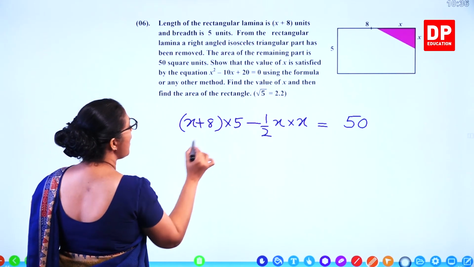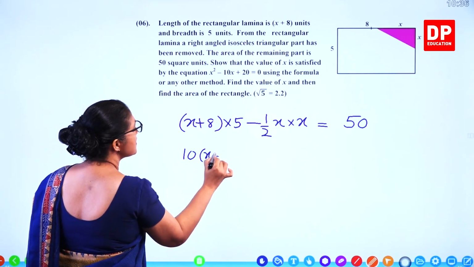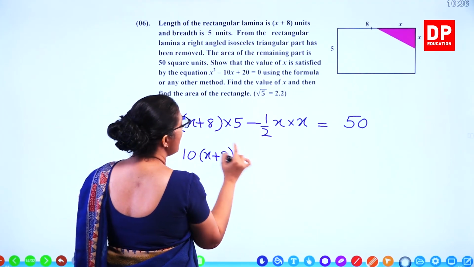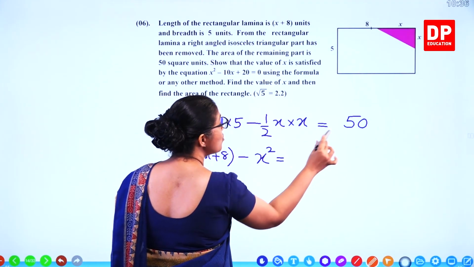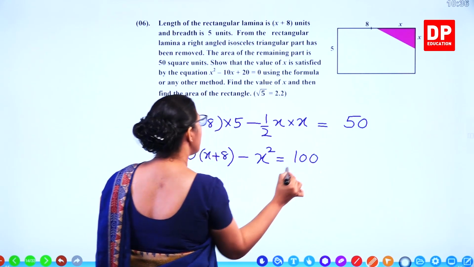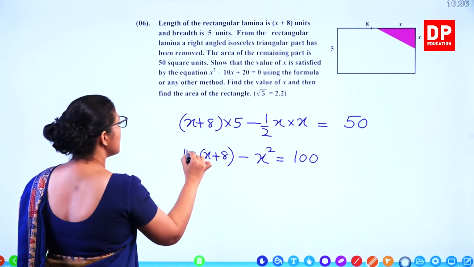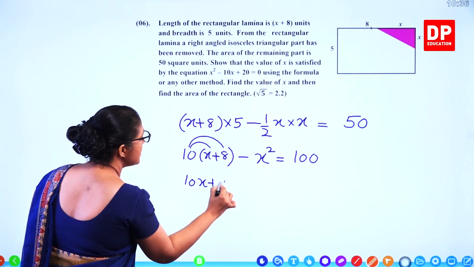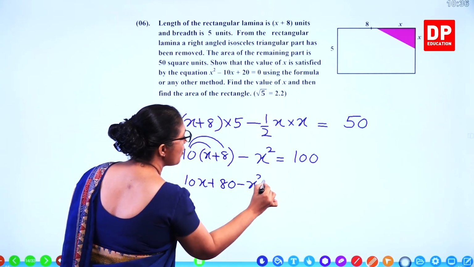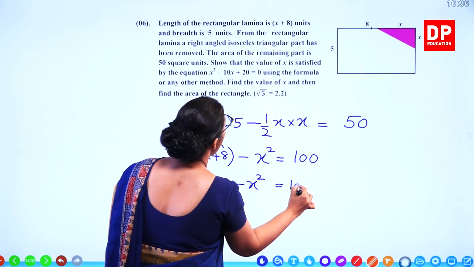You get 2 times 5, 10, x plus 8 is there, and here x into x squared is 2 times 50, that's 100. Open brackets, 10x plus 80 minus x squared is equal to 100.